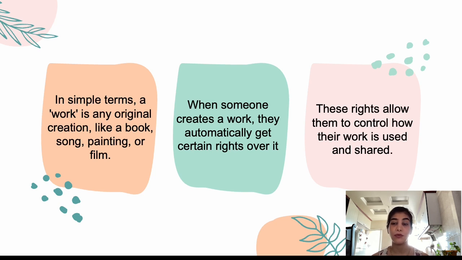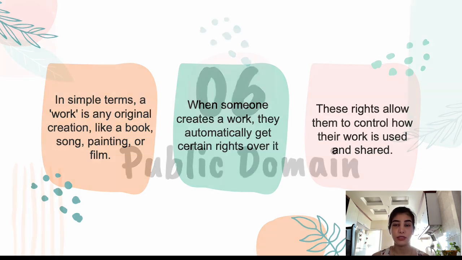These rights allow them to control how their work is used and shared. Actually, work is that creation. And this term is usually common in the legal community over other communities.